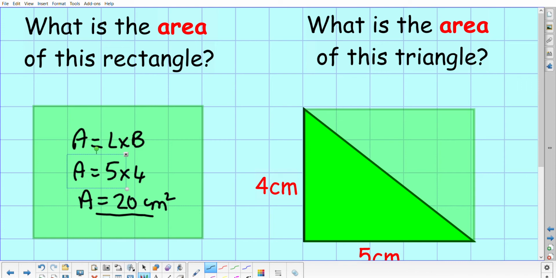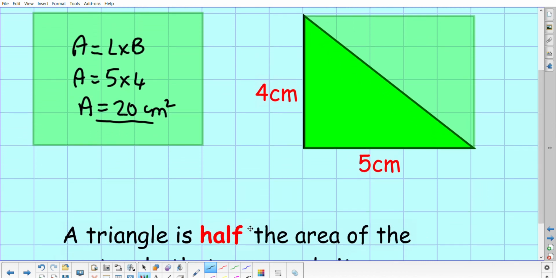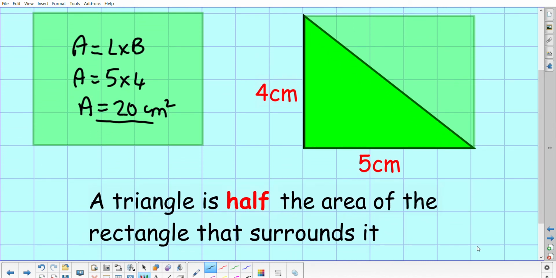If you draw in a diagonal like this, you create a right angled triangle. Hopefully you can see that that triangle is half of the area of the rectangle round about it. So in this particular case, you'd take that 20 and you would half it and you'd get 10 square centimetres.